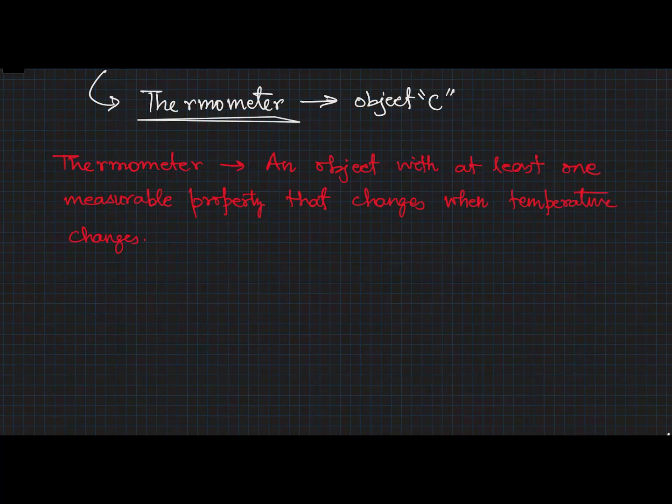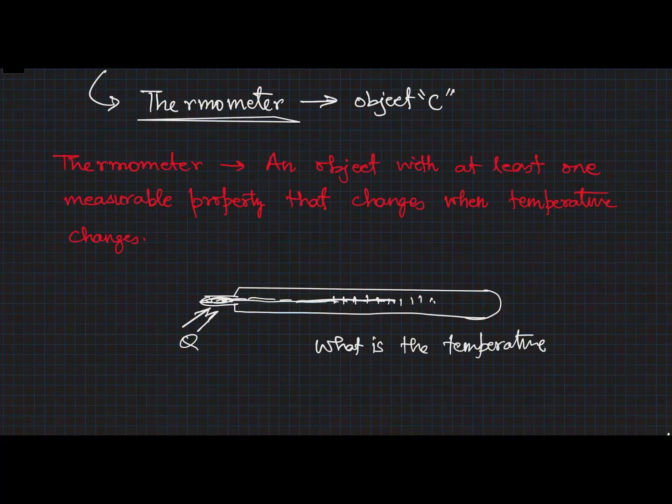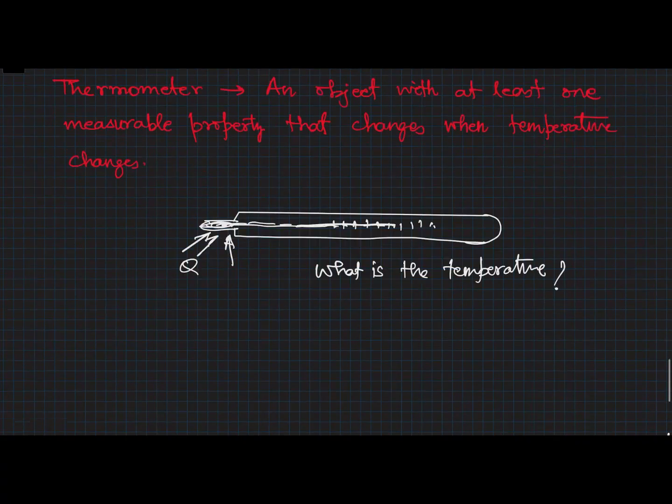So all of us have seen an object like this where we fill mercury here, and then once you supply heat, this can expand, and then we have readings here on the thermometer, and then we can say, what is the temperature now? What is the temperature at this point? And here, length is the thermometric property.